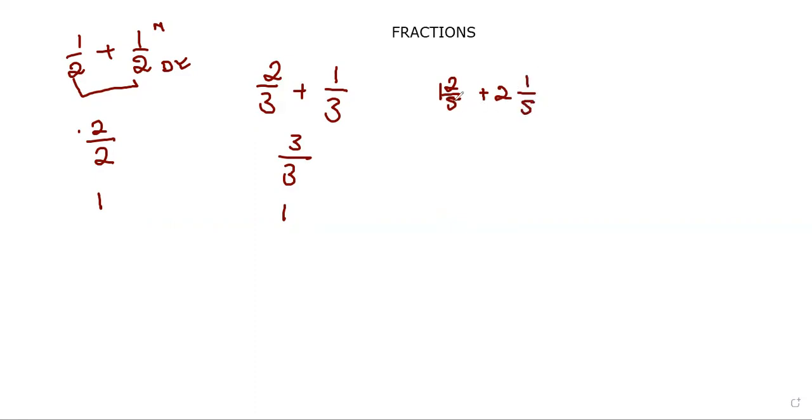Because the denominators are the same, we will simply start with the whole numbers that are given. It's going to be 1 plus 2. Then you take one denominator and add the numerators. 2 plus 1 is what? It's 3. Basically, we have 3 over 5, when you have the same denominators.